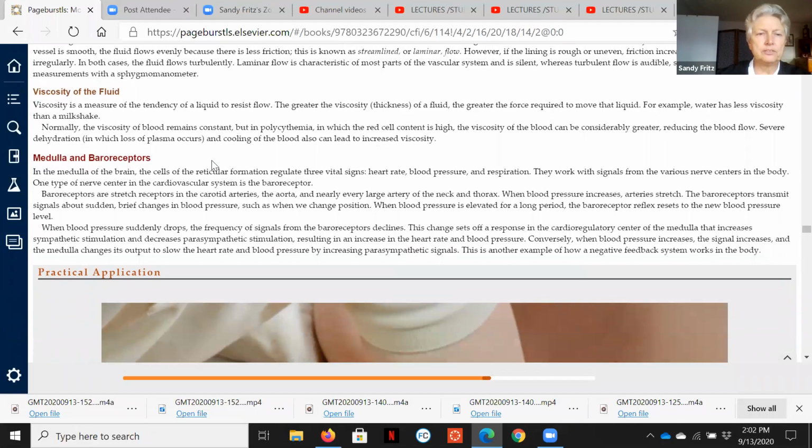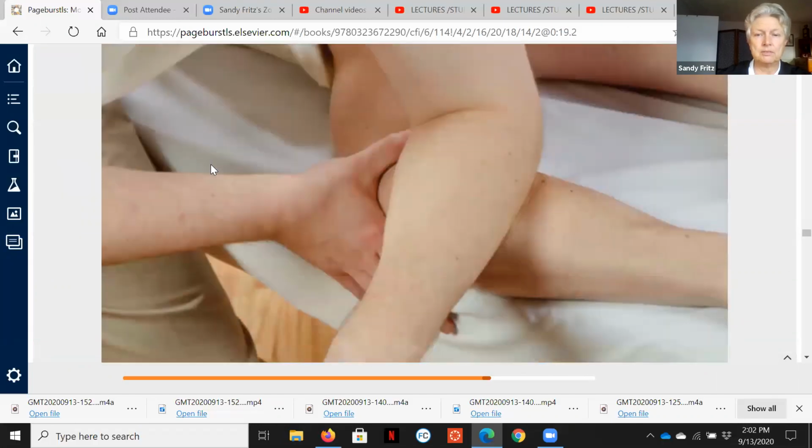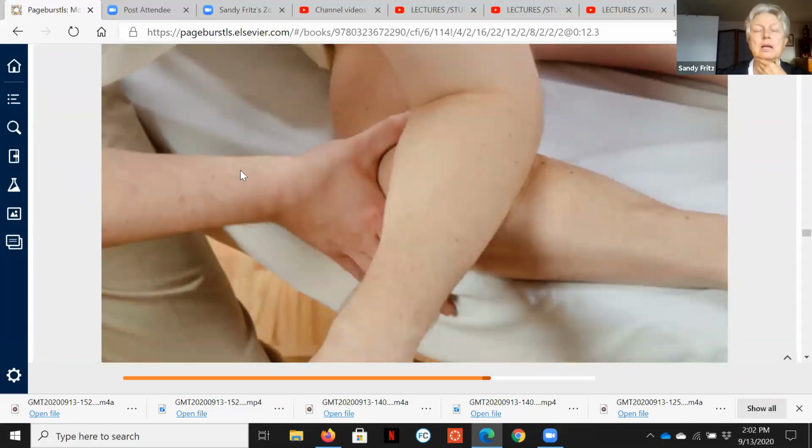And then there's a series of receptors that can raise and lower blood pressure. One of them is here in the neck. Sometimes people can have a drop in blood pressure if you massage on the anterior part of the neck, in front of the sternocleidomastoid.